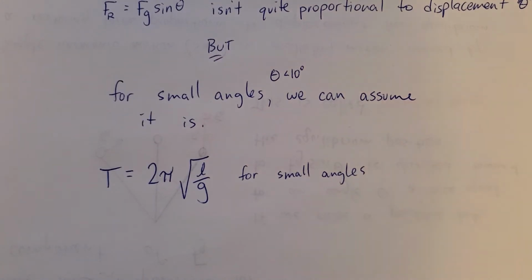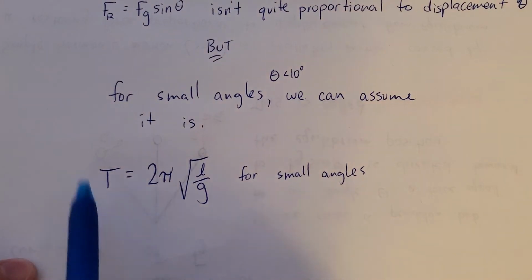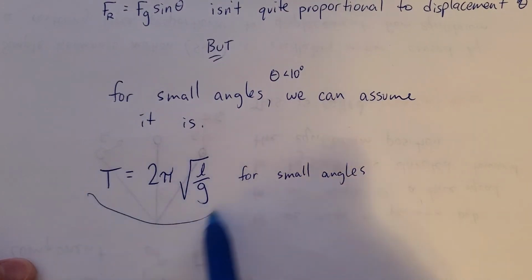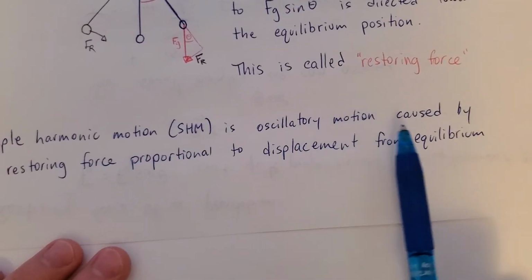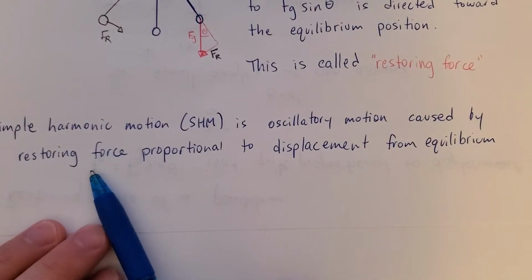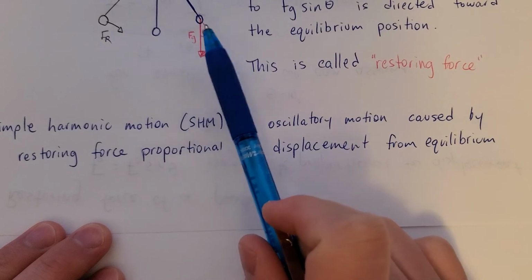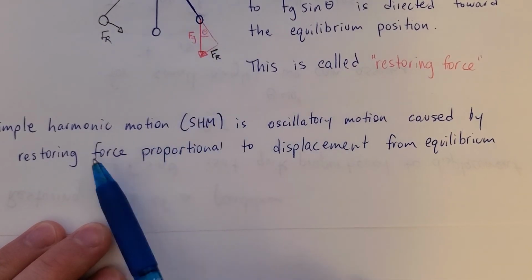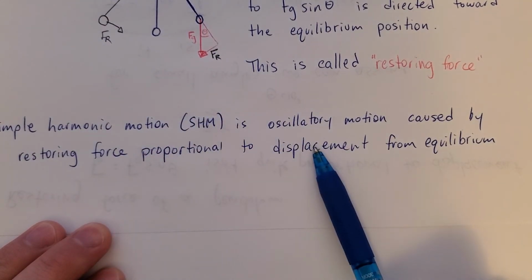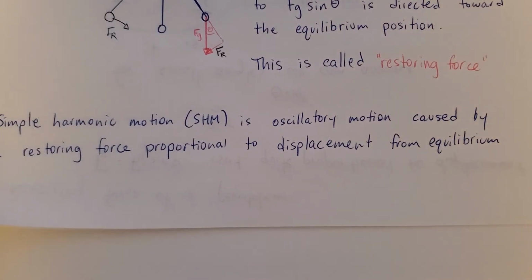But adding a larger displacement does make a pendulum take a longer time to oscillate. It increases the period. So all I'm going to ask you today is to use this formula again and know what simple harmonic motion is. A restoring force is a force that returns something to an equilibrium position. If that restoring force is proportional to displacement, you get simple harmonic motion.